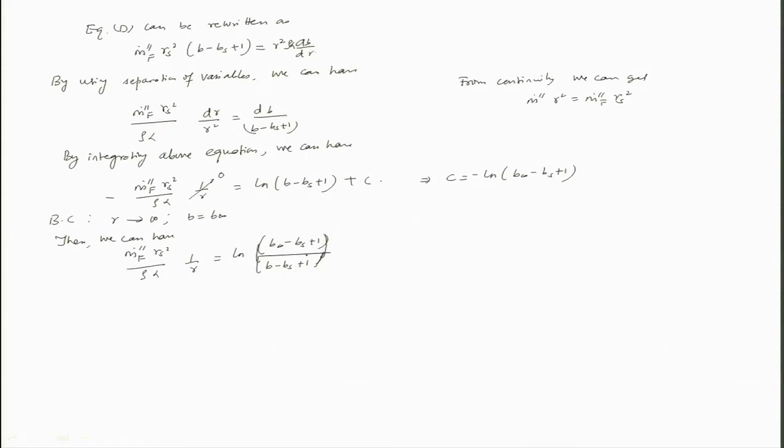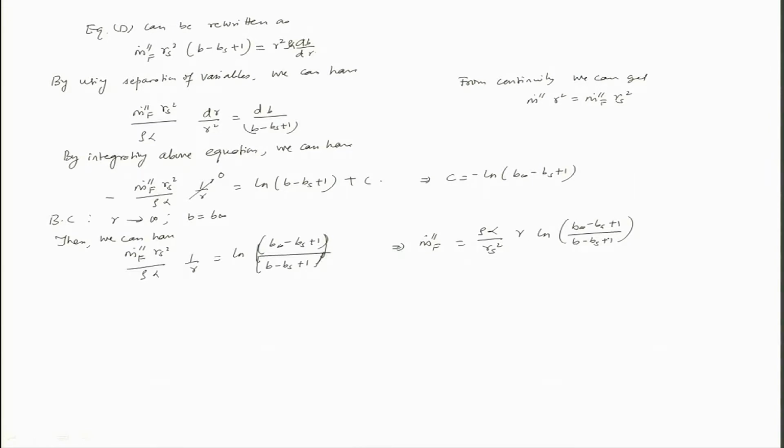In other words, you can write it down basically as F is equal to rho alpha by Rs square R ln of B infinity minus Bs plus 1 divided by B minus Bs plus 1.